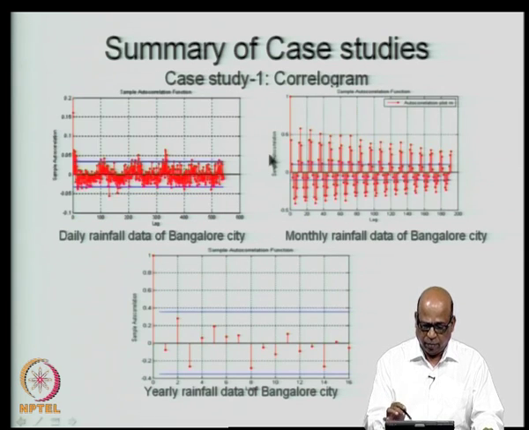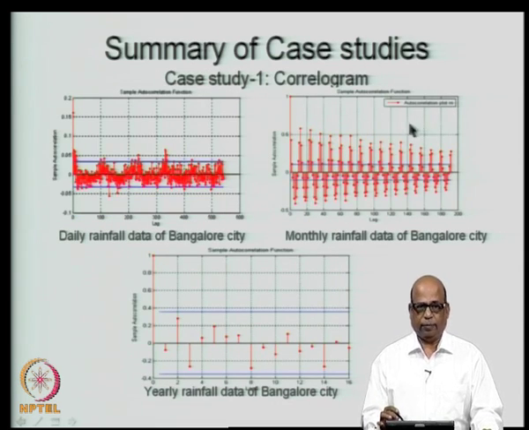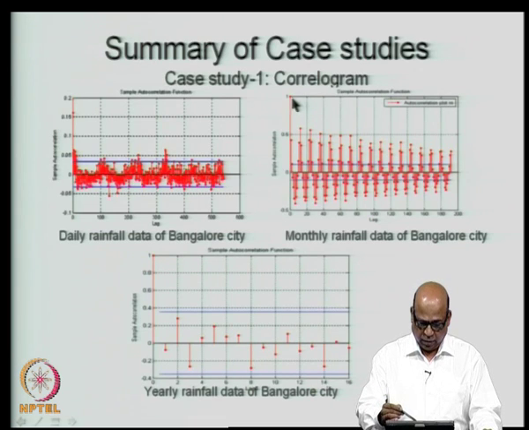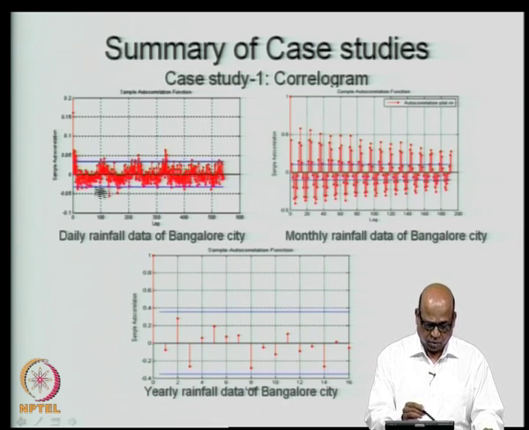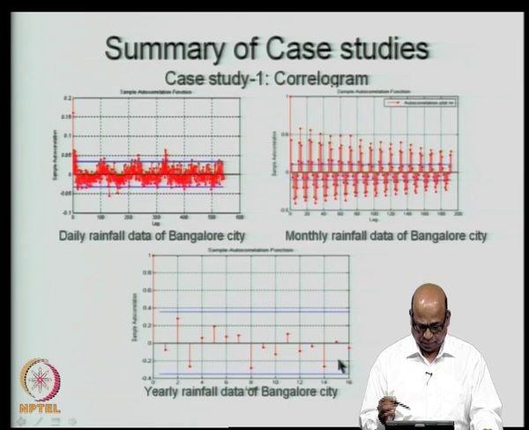These are confirmed by the correlogram. The correlogram is oscillating in a sinusoidal way. So, there are periodicities present, whereas most of the correlations in the daily case are all insignificant. Similarly, in the annual case they are all insignificant.